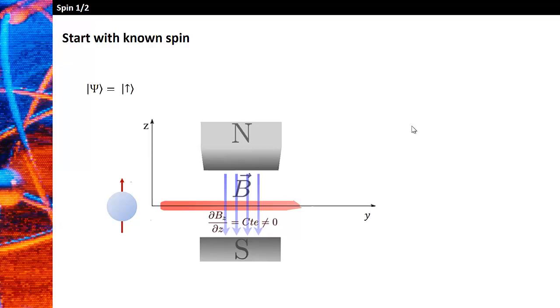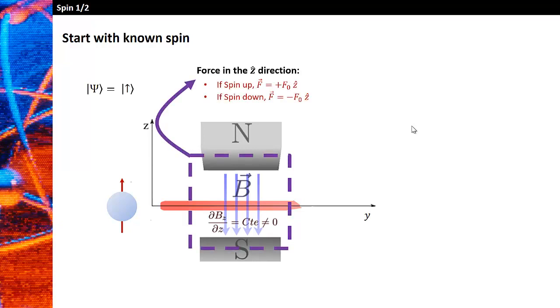So we send this electron with a spin up through a magnet. And since the electron with spin up, it's spinning, it's a ball of charge that acts like it's spinning, it has a magnetic moment. And so it turns out that the electron will feel a force depending on whether it's spin up or spin down. So if it's spin up when it goes through this magnet, we'll get a force that goes upwards in the positive z direction.